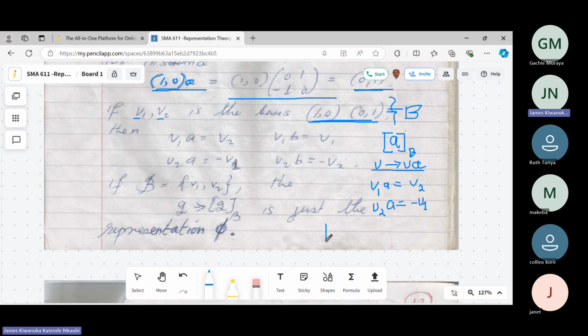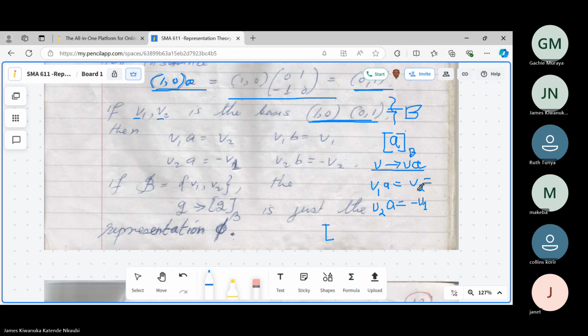So this matrix that we are looking for, and then what happens is you now have to write this as a linear combination of the basis elements, right? So v2 can be written as 0 multiplied by v1 plus 1 multiplied by v2.